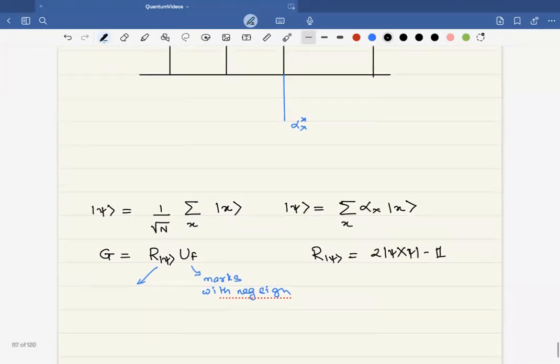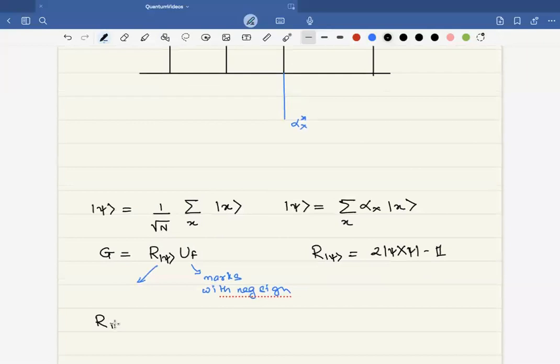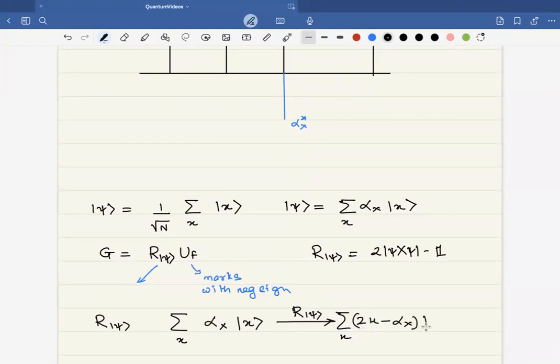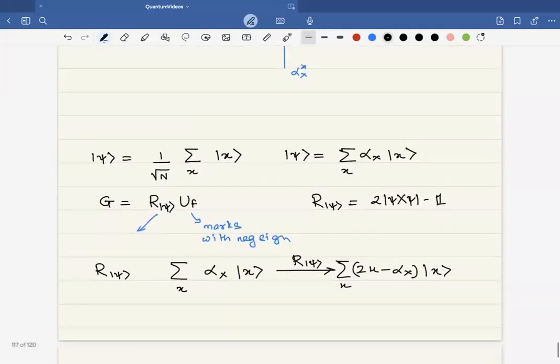It takes a state, summation x alpha x, and if you apply R psi, you get 2 mu minus alpha x. So it takes the amplitude alpha x to 2 mu minus alpha x. And what is mu? Mu is the average amplitude, summation alpha x over n.